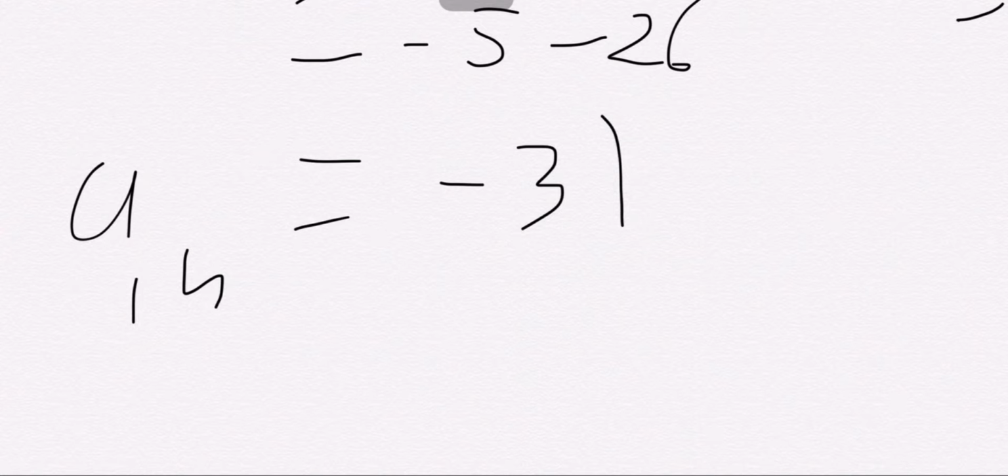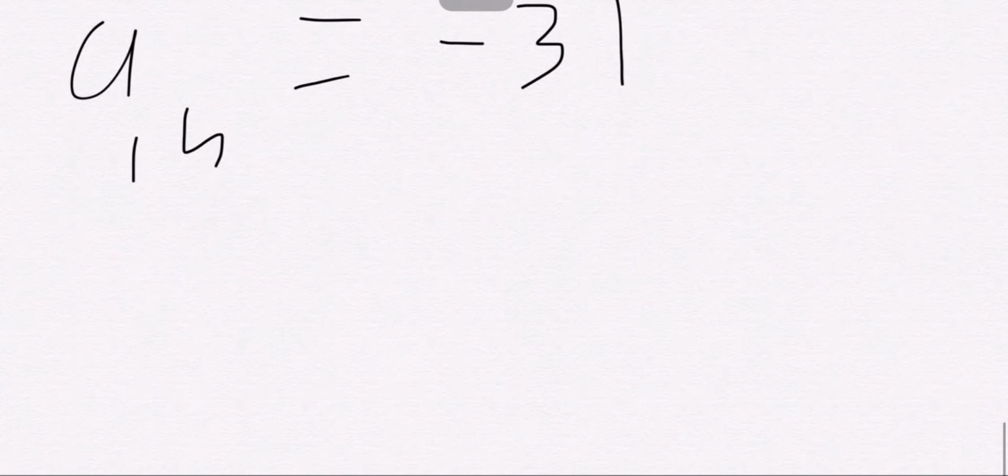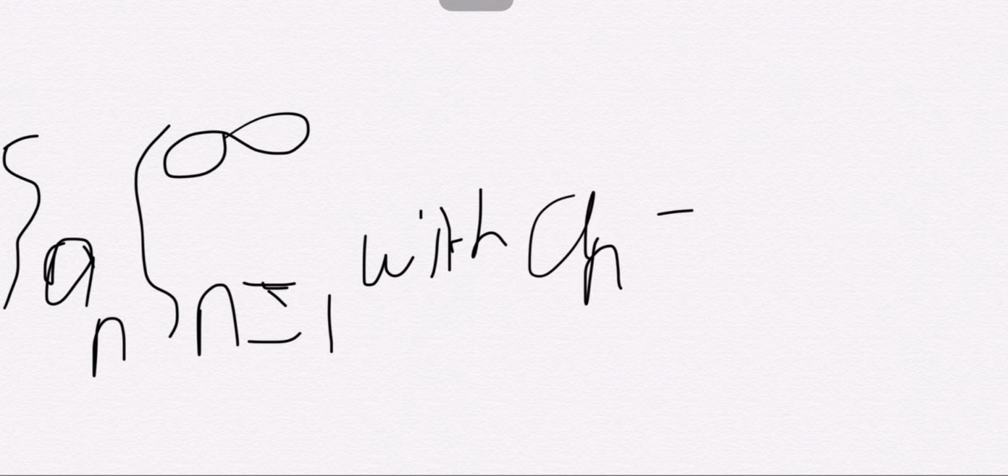Alright, so lastly, how do you represent it in the recursive way? We will once again write the sequence of a sub n, with the index starting at n equal 1 all the way to infinity, with a sub n equal to a sub n minus 1 plus d, which is your common difference.